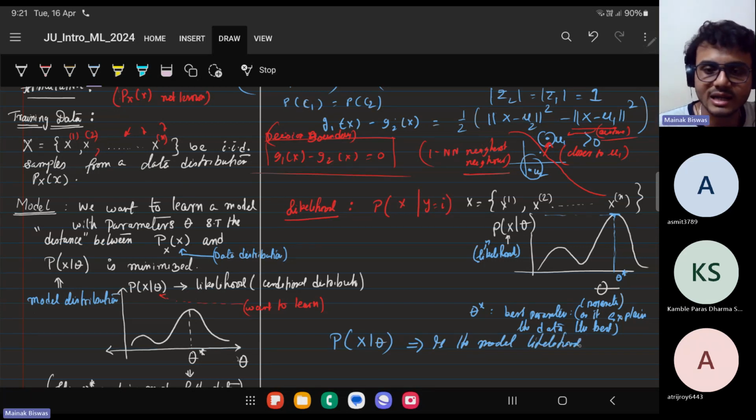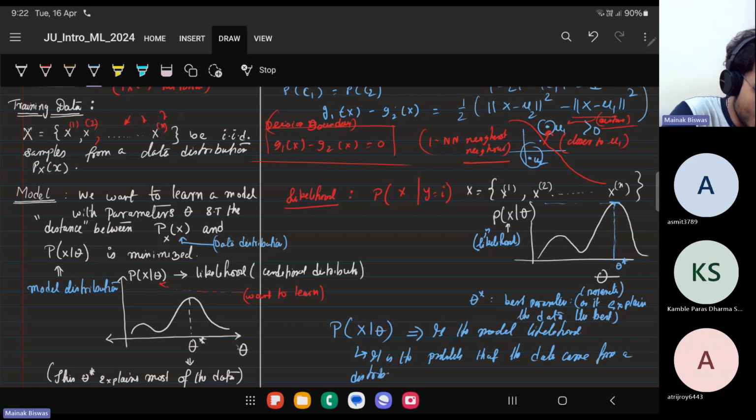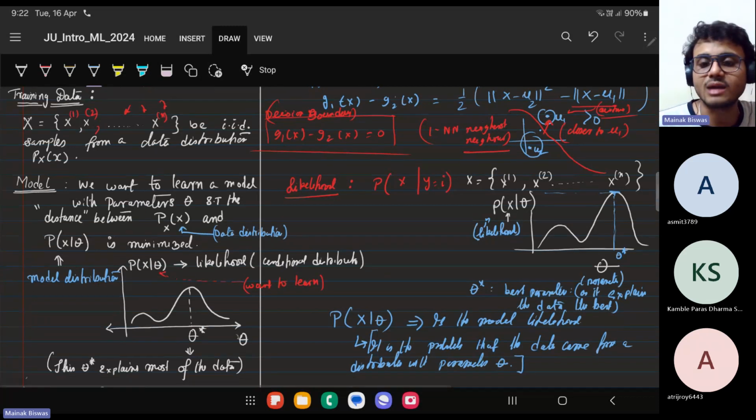What do I mean by model likelihood? It is the probability that the data came from a distribution with parameters theta.